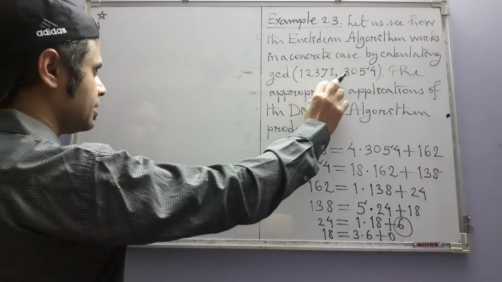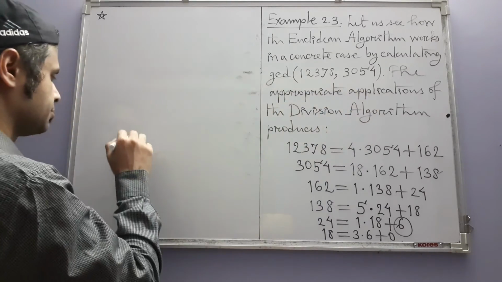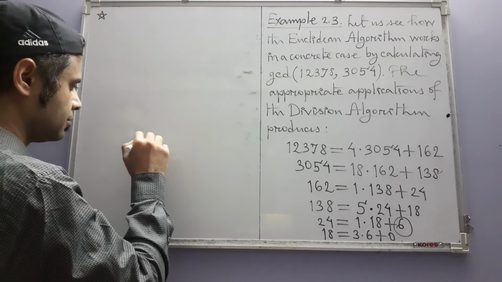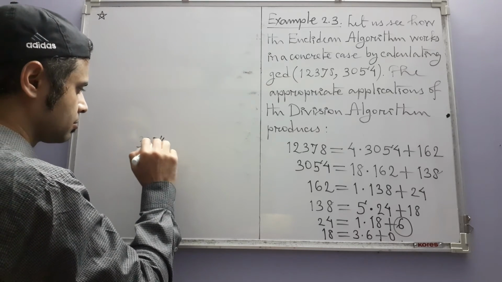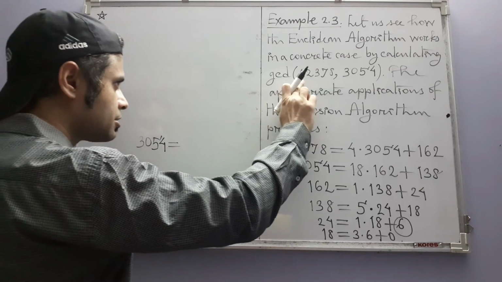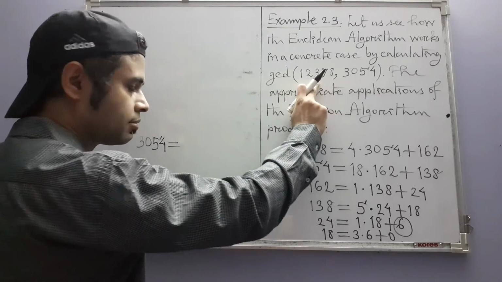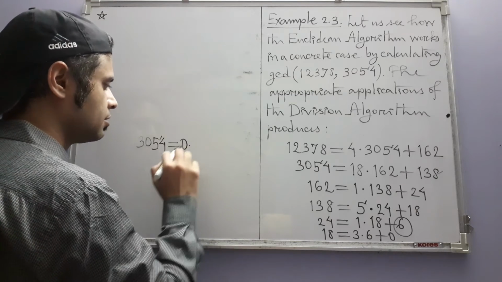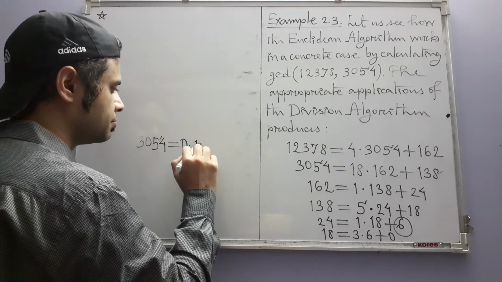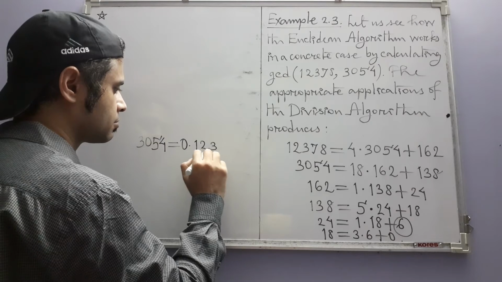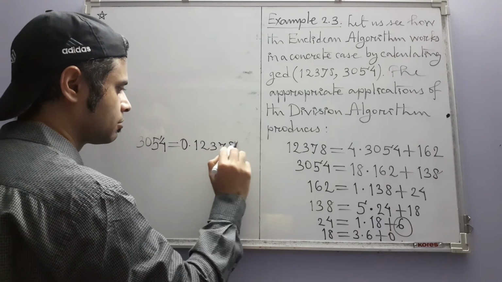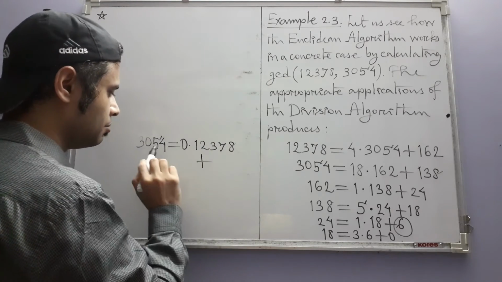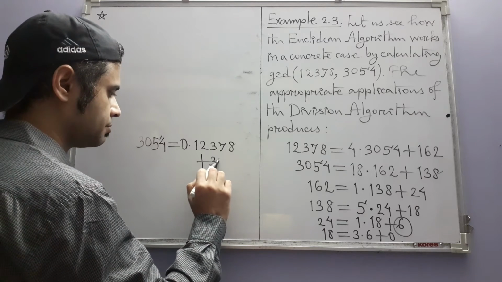Had we decided to divide this by this, what would have happened? Because this is greater than this, the quotient is bound to be 0. And the remainder is this number itself.